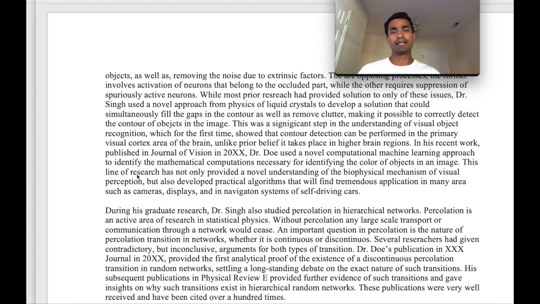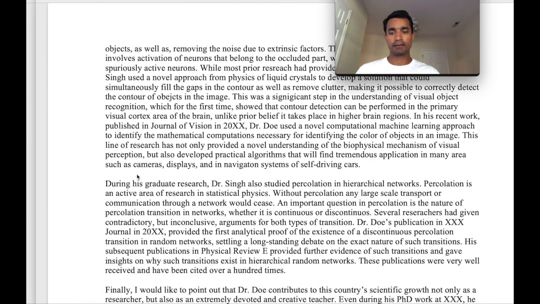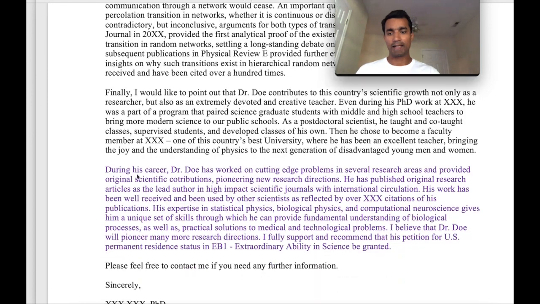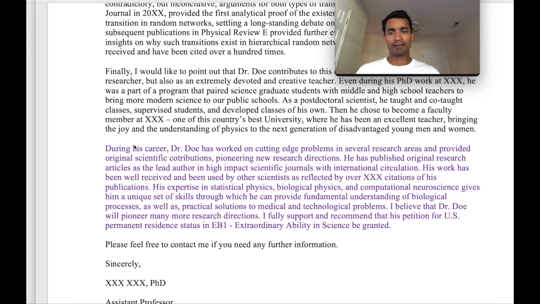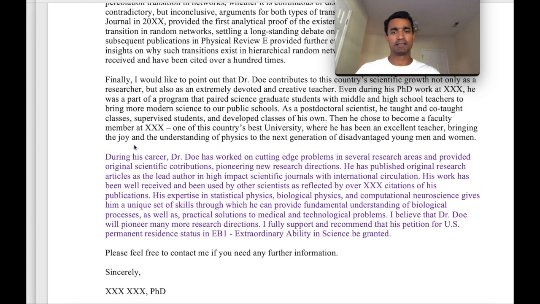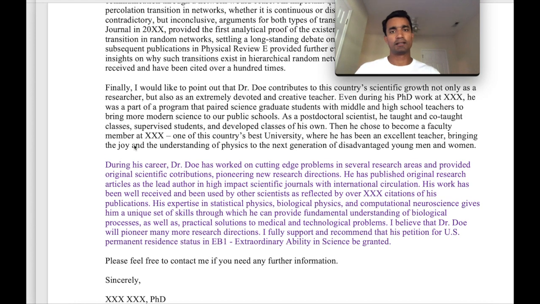You don't have to highlight all the research in the same letter. If there are 4 or 5 people writing letters for you, then each one of them can highlight two different things, and by the end you will have all of them highlighted. So here I think two of them were highlighted, and then there was also a paragraph about my teaching, that I have contributed as a teacher throughout my career.